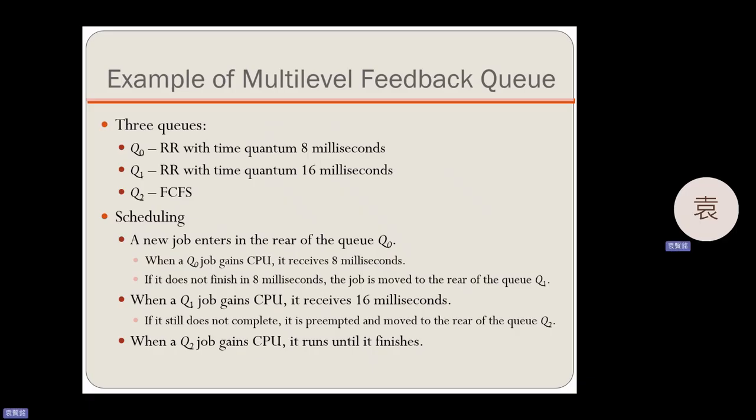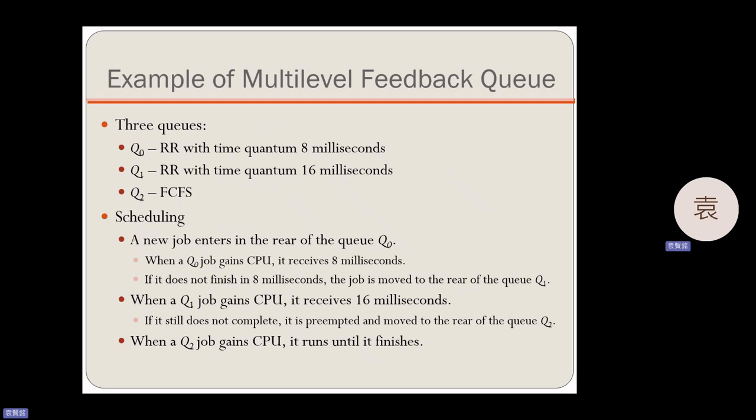For example, a typical multi-level feedback queue may contain 3 queues. Q0, the highest one, is round robin with time quantum set to 8 milliseconds. The second queue, Q1, is also round robin, but with a slightly longer time quantum, say for example 16 milliseconds.